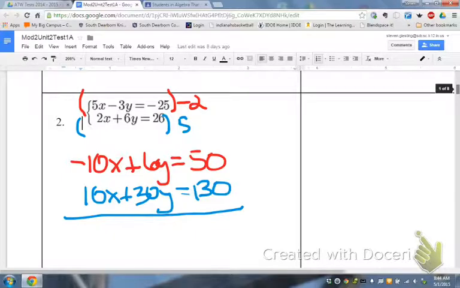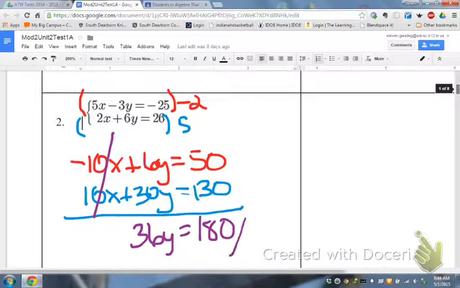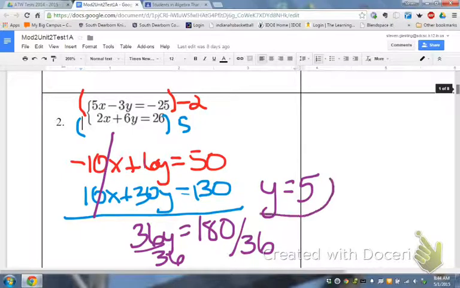So now as I add the two equations together, my x's cancel out once again. 36y, because 6 plus 30, equals 180. We can divide both sides by 36, and we find out that y equals 5. Again, we're going to plug that in.